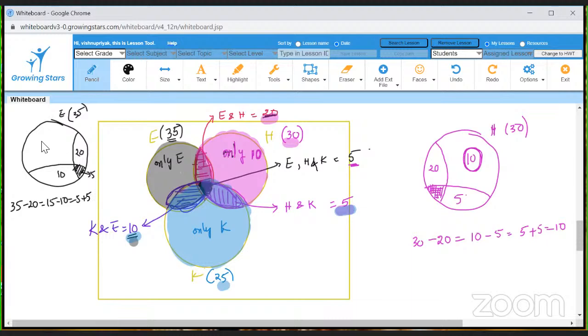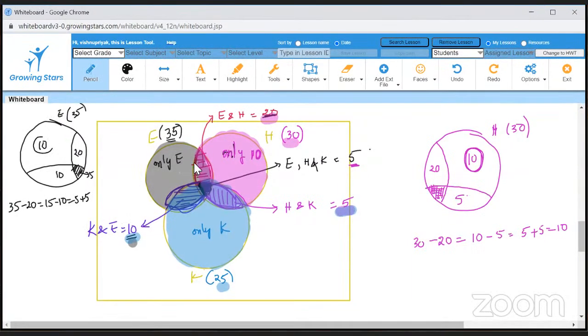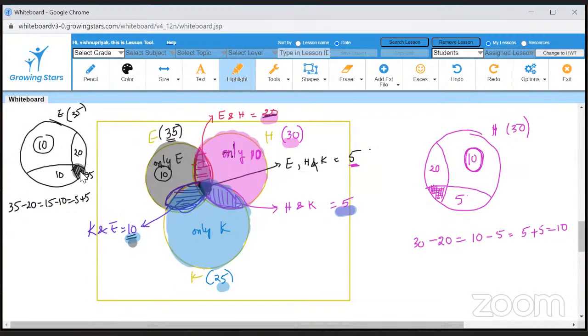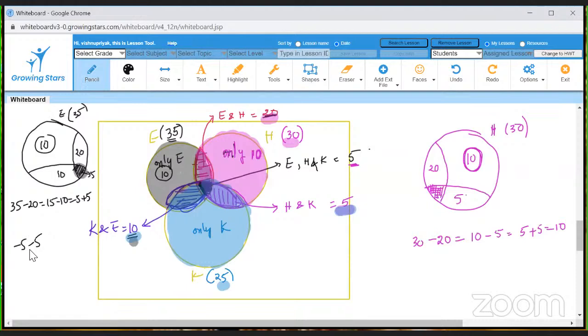So English, only 10 people are speaking. Let me tell you again, I am removing 5 two times, like -5, -5. I should not subtract 2 times. I have to subtract only 1 time, so I will add 5. That is why I am adding.